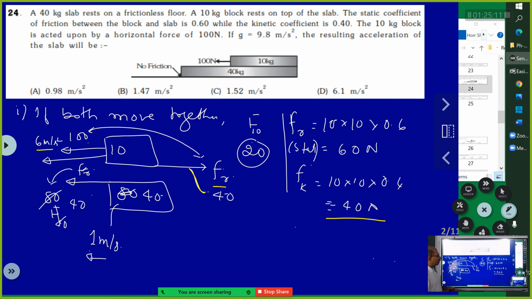Okay, understood? Arun? Yes, sir. So the resulting acceleration of the slab. Okay, everybody understood here?